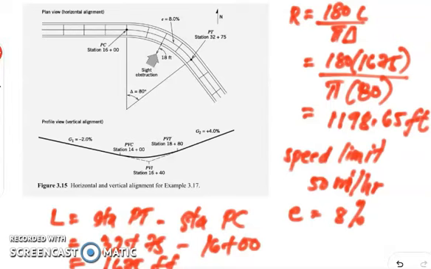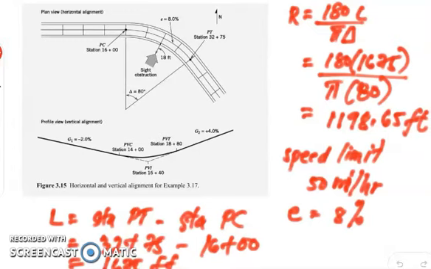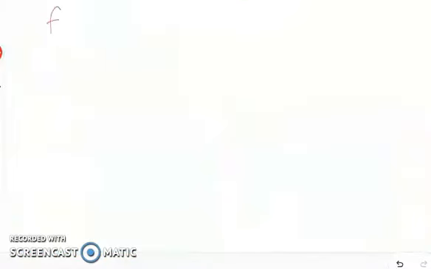Therefore, we can rearrange our equation, wherein we can make use of the value for f sub s, which is equal to v squared all over g times r sub v.